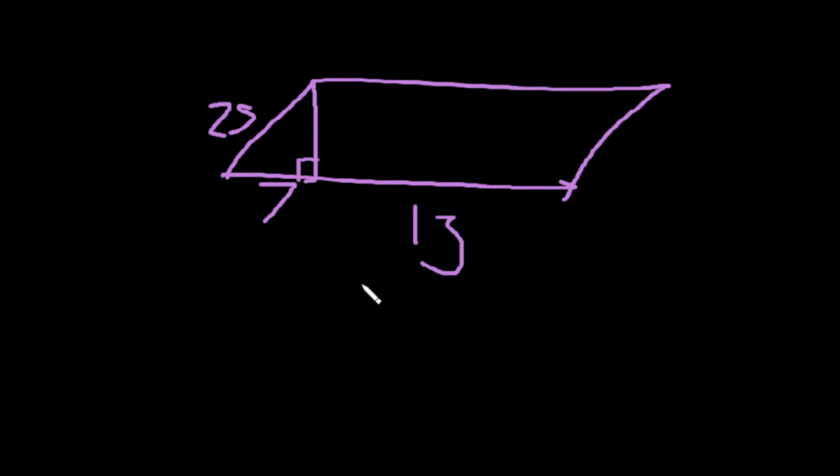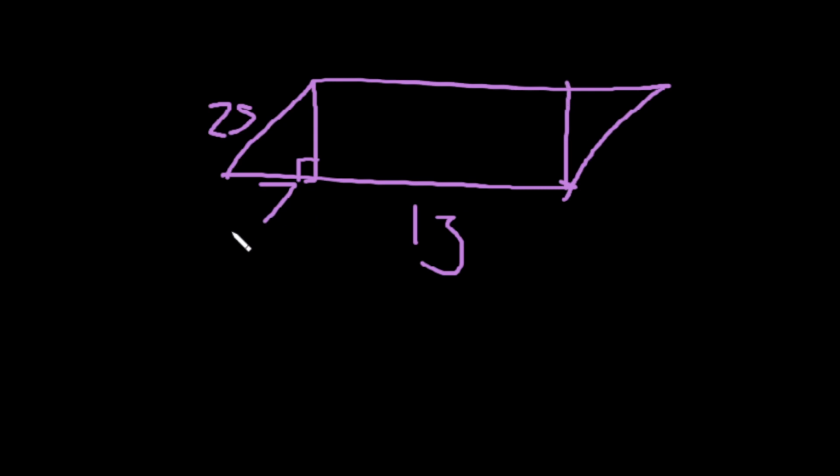Okay, this is a right angle. I can either show you an equation for the parallelogram, or I can just show you a normal way on how to do this. So I'll probably show you how to get the formula.